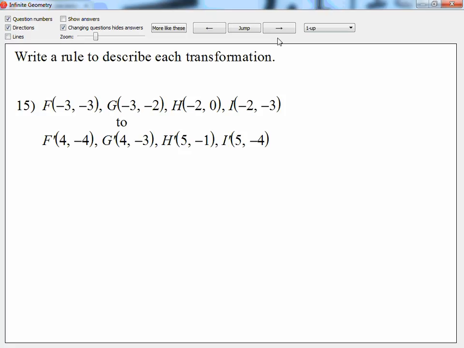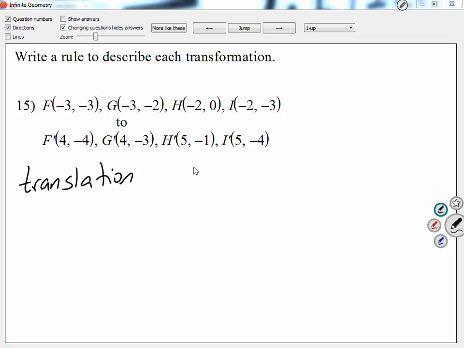Looking at number 15, it says write a rule to describe each transformation. I know we're dealing with translations, so to begin with, let me write translation. And I'm going to say x, y will become... How much are we either adding or subtracting to each x? What are we doing to each x? What is it? Adding 7.